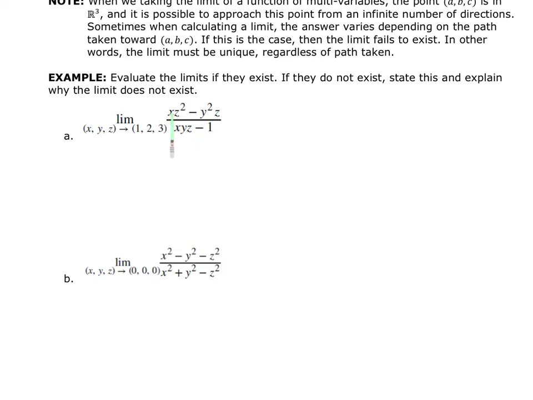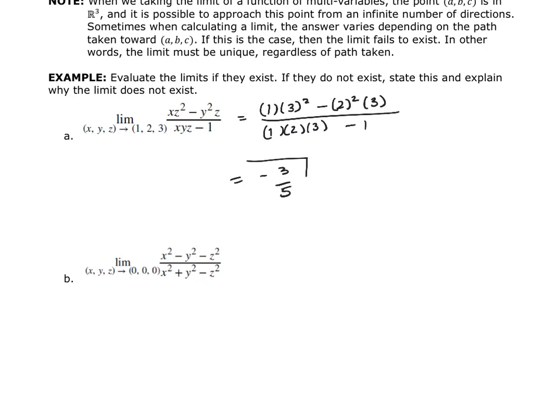Because of the multiplication and the power rule, there's a whole bunch of limit laws that allow me to say my answer is 1 wherever I see x, 3 wherever I see z, minus 2 wherever I see y, 3 wherever I see z. And my denominator is 1 times 2 times 3, and then minus 1. When I get totally done, I end up with negative 3 over 5.